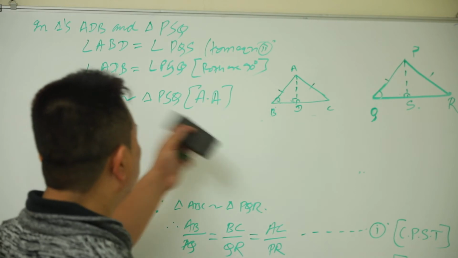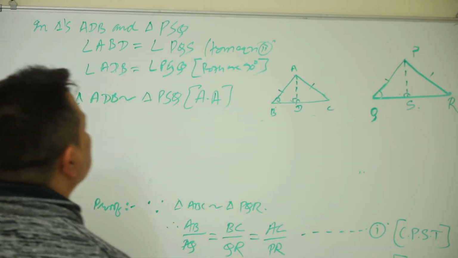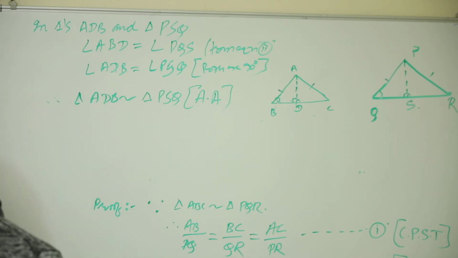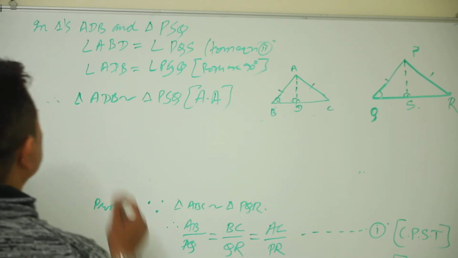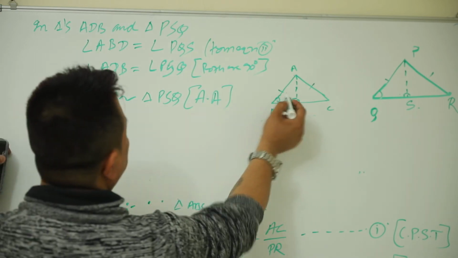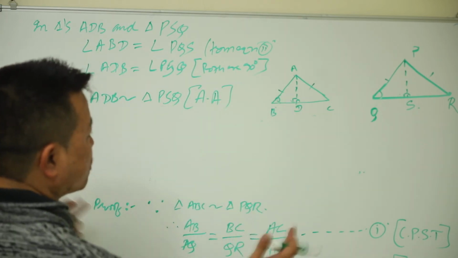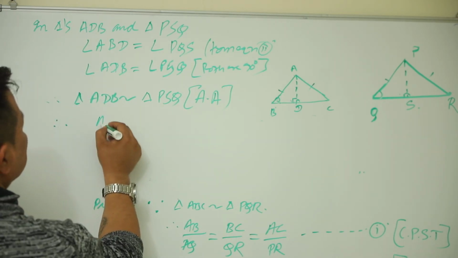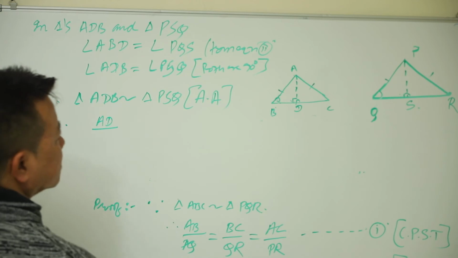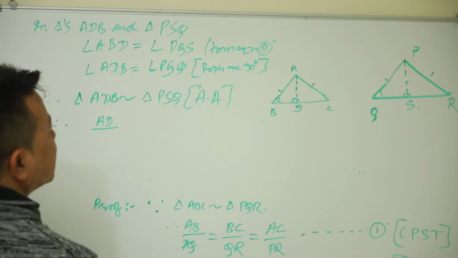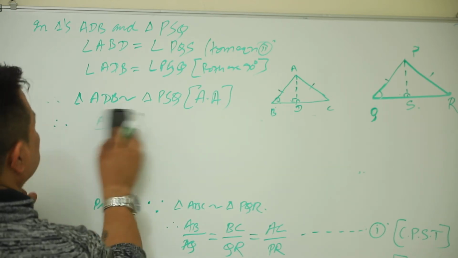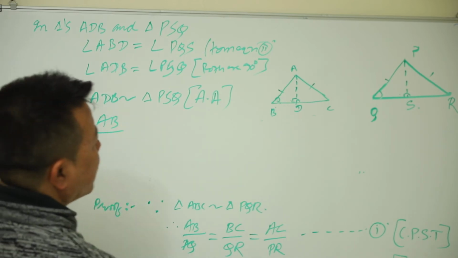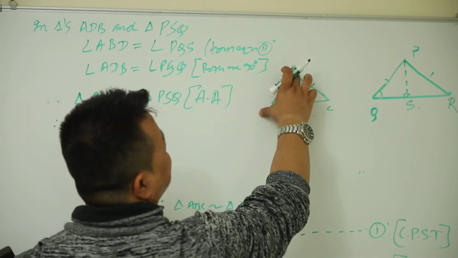Again, when two triangles are similar, the ratio of their corresponding sides are equal. So in these two triangles ADB and PSQ, what are their corresponding sides? Their ratios are equal. So what can you write? Therefore, AD upon AB, what is the corresponding side of AB?